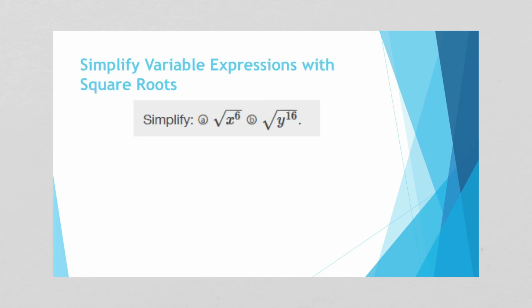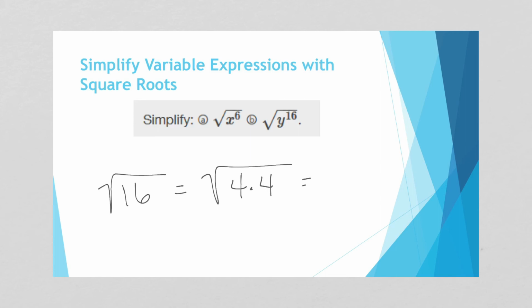All right, so this is where we need to talk about closets and pairs of shoes, all right? Whenever we're doing something like the square root of 16, we are asking ourselves, what number times itself would give you 16? So if you look at this, 4 times 4 is 16.